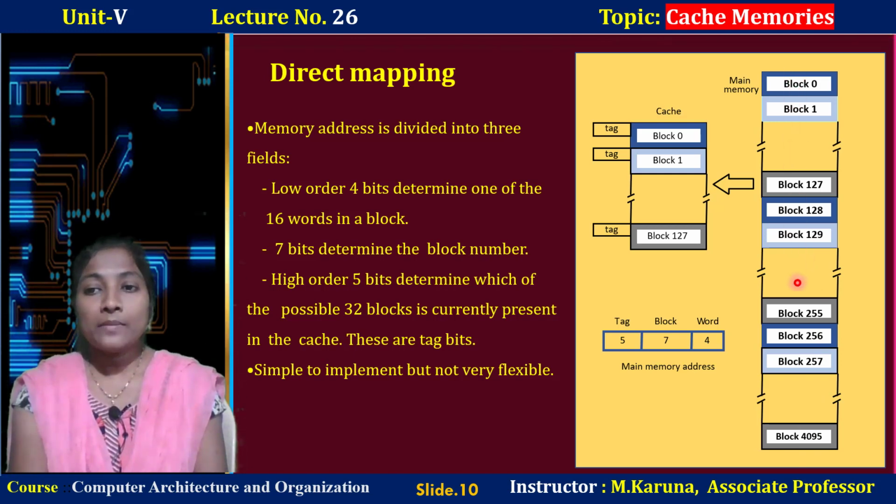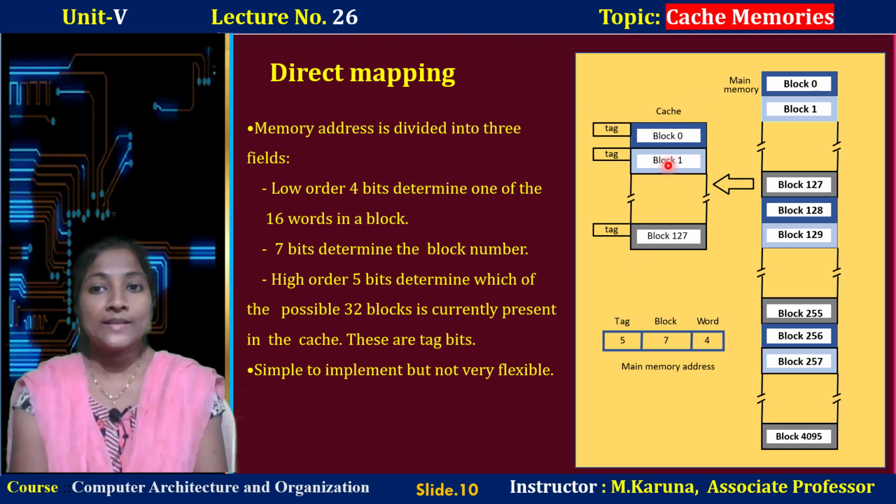All this main memory is divided into blocks: block 0, block 1 and so on, up to block 4095. Each block consists of 16 memory locations, meaning each block stores 16 words or 16 data.